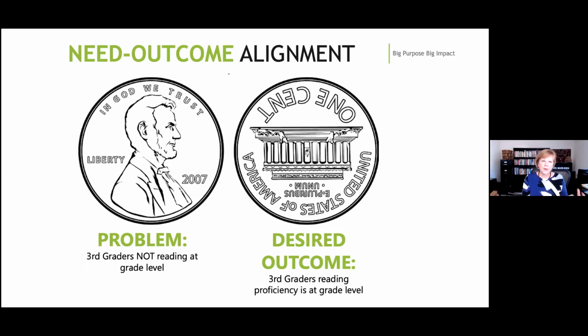So if the problem is, as in this example, third graders aren't reading at grade level, what you want to have happen if your program is successful, because of the service your members do, maybe tutoring third graders in reading or whatever that looks like, is that you get them reading closer to grade level in the third grade.